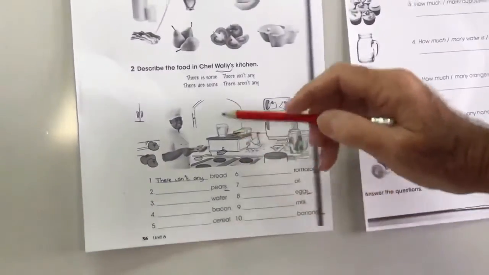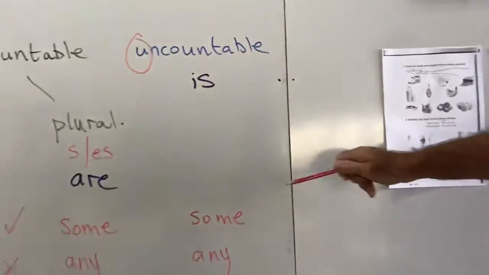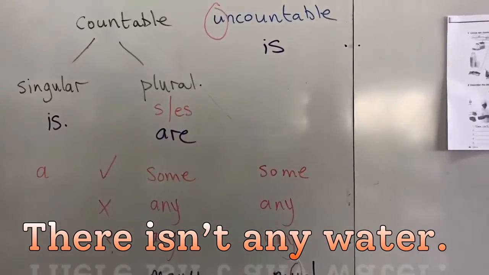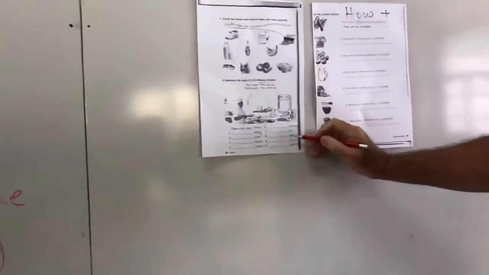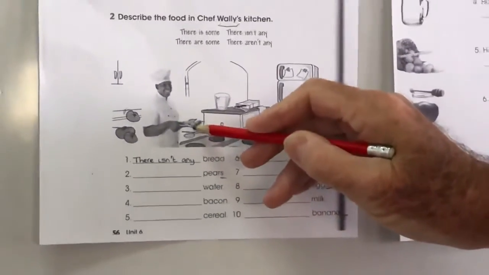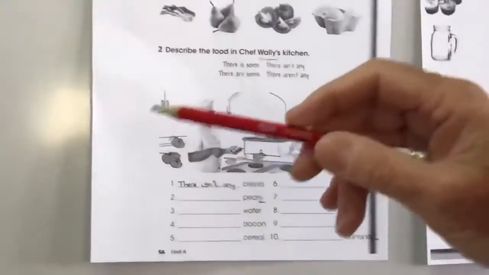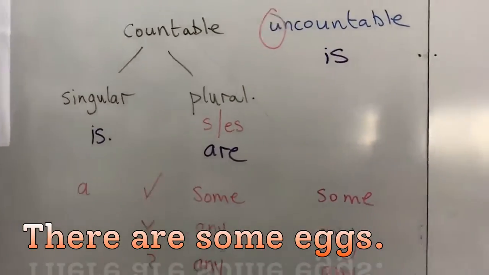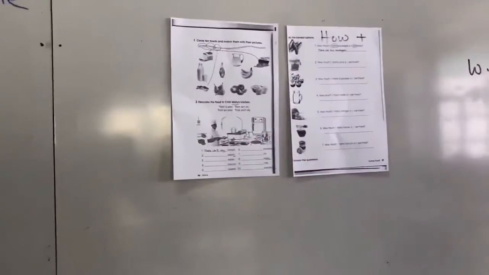I don't see any water, so water is uncountable. We're going to say no. So there isn't any water. Okay, eggs. Let's take this one, eggs. There we are, we've got some eggs there. So eggs countable, yes. So we would say there are some eggs. Okay, and that's how we do that one.